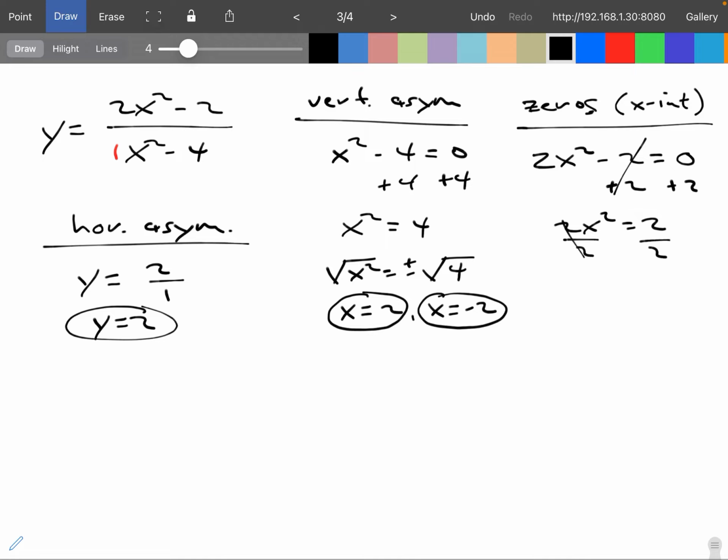These cancel out, make 0. Then I divide both sides by whatever number's in front of that variable. Those cancel out, make a 1. So then I get x squared equals 1. But then I got to remember that I got to take the square root of both sides. I take the square root of the left side and set it equal to plus or minus the square root of the right side. The square root of 1 is 1. So I get positive 1, and I get the negative of the square root of 1, which would be negative 1.